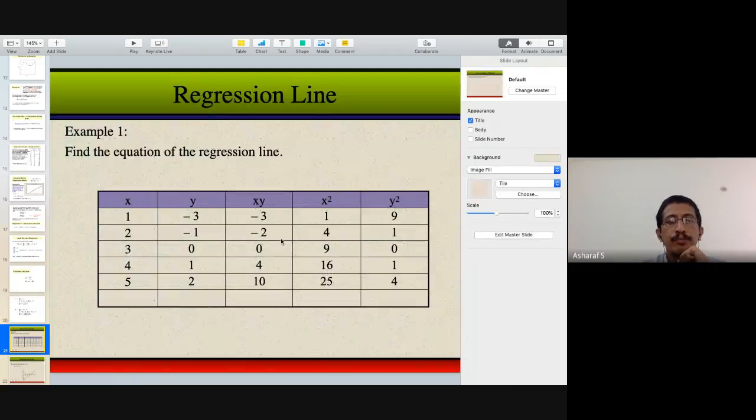Let's look at x bar: 15 by 5, this is 3. And y bar is minus 1 by 5, minus 0.2.